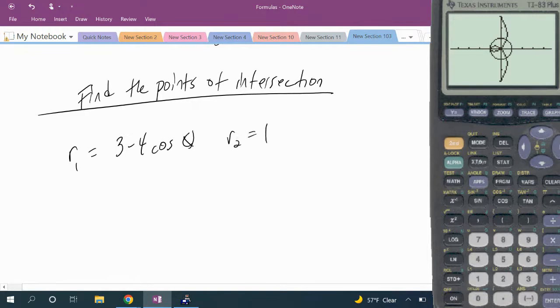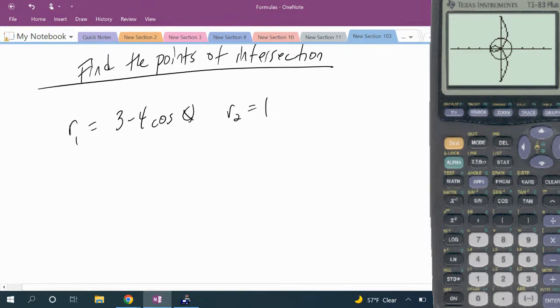We have r sub 2 is equal to 1. If we were dealing with rectangular coordinates, we would just set both equations equal and solve. That's the same thing we're going to do here. I'm going to set them equal, and I'm going to solve, in this case, for cosine.